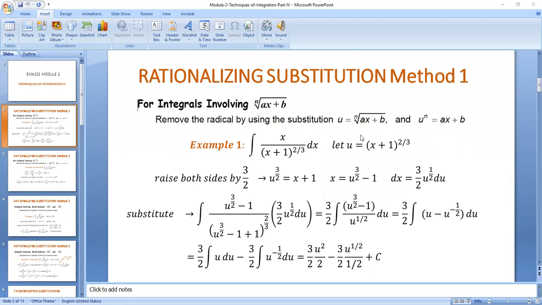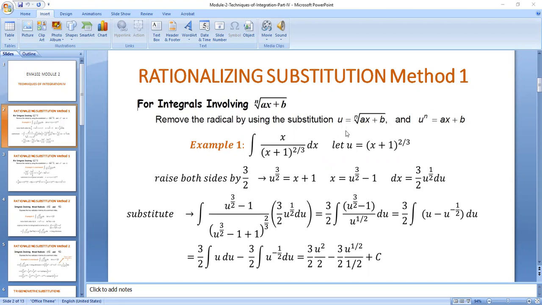Now we want to determine the integral, but before we can do that, we need to eliminate this nth root expression. One way to do that is to assign a new variable, any letter that you want, to this expression that has the nth root of ax plus b. So in this case, we assign it a u.